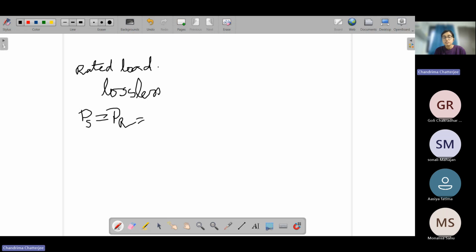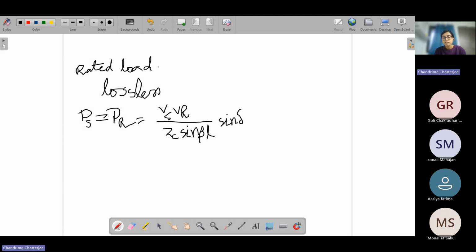What was the expression? VS, VR by ZC sine beta L, and here there will be sine delta. What is delta?